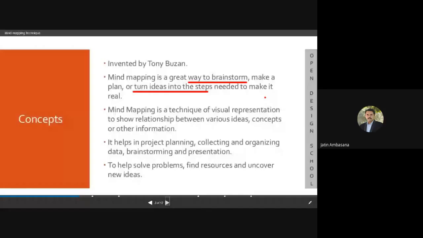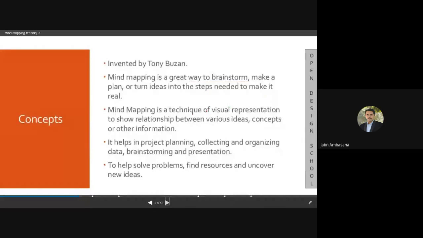And it is basically nothing but a technique where you can do a visual representation of your ideas. Through that visual representation you can show the relationships between different ideas, different concepts or other information.